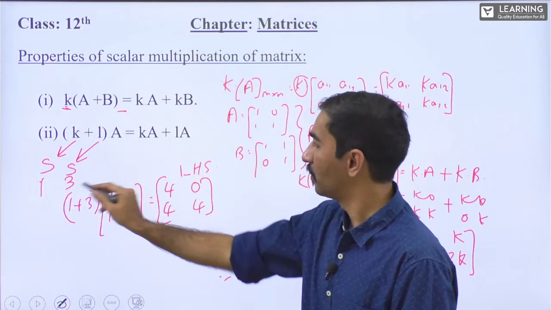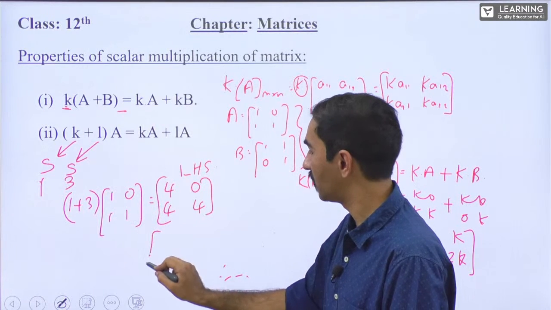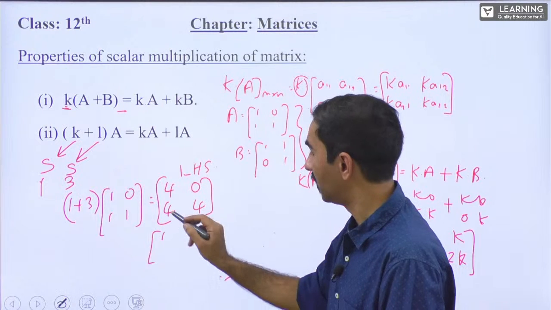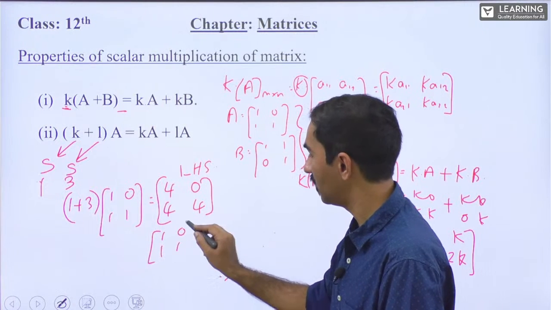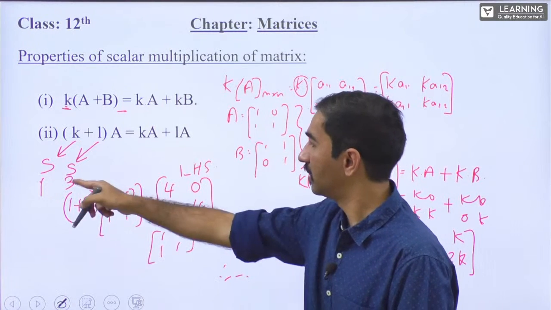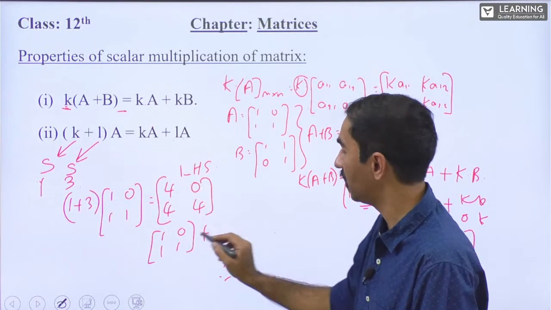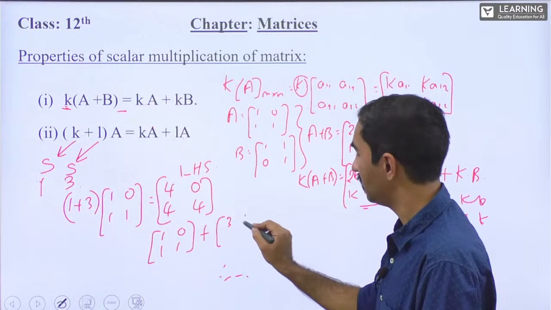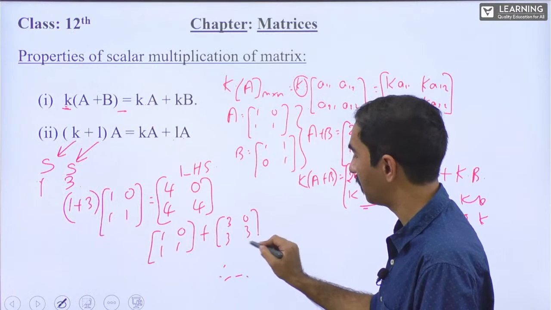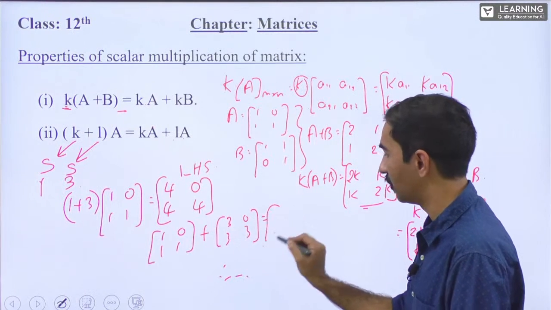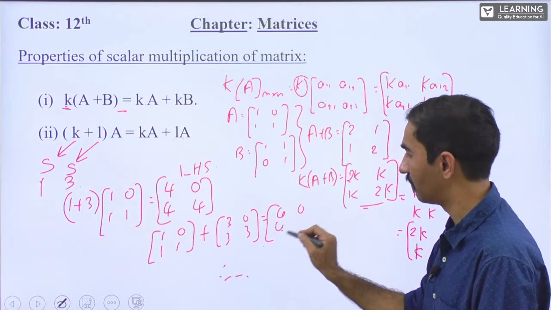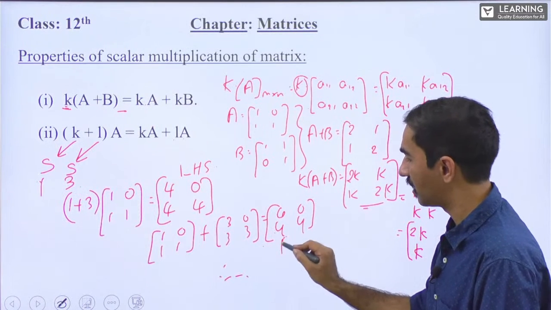Now K into A, 1 into A, is A only, the multiplicative identity, [1, 0; 1, 1], plus 3 into A. L is nothing but 3, right? So 3 into A will give [3, 0; 3, 3]. Add them up, corresponding elements, you will get [4, 0; 4, 4], which is our RHS.